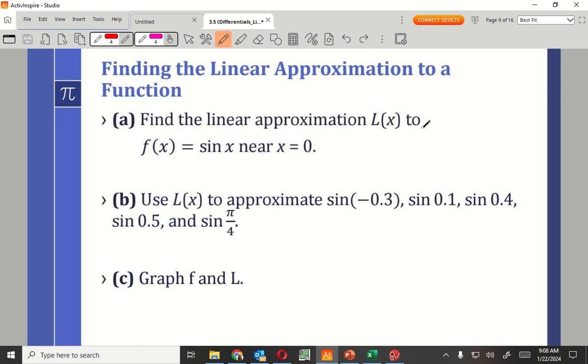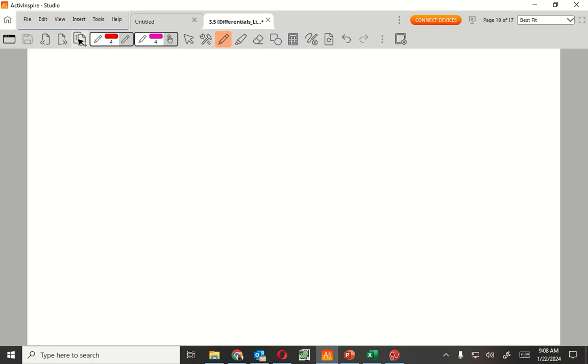Find the linear approximation to this near x equals 0. Okay, so x equals 0. So let's try that. We said f of x... let's back it up to my formula.